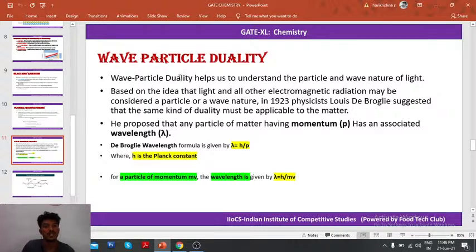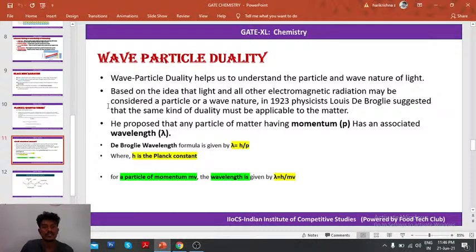That is duality. Then, based on the idea that light and all other electromagnetic radiation may be considered a particle or a wave, in 1923 the physicist Louis de Broglie suggested that the same kind of duality must be applicable to matter.